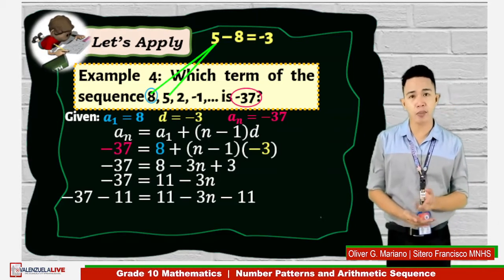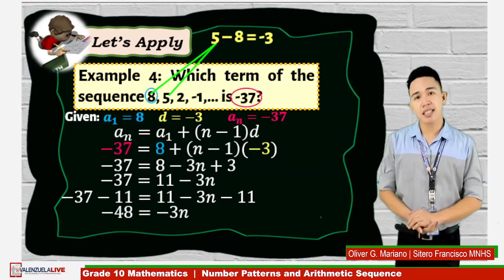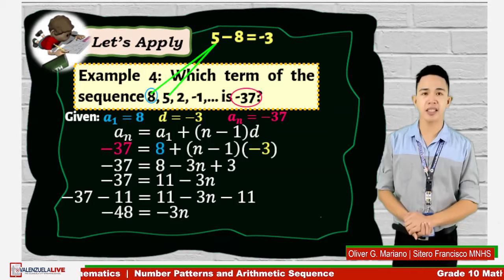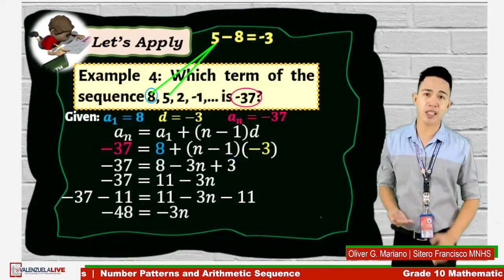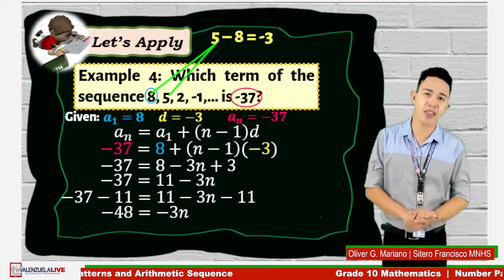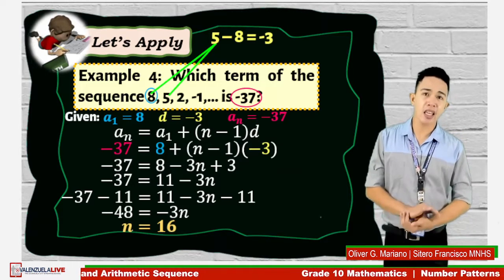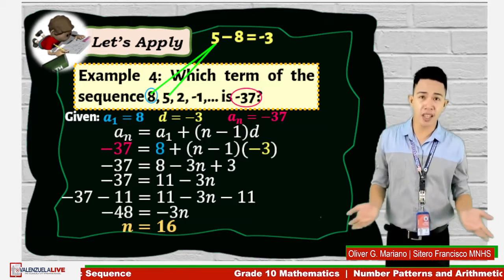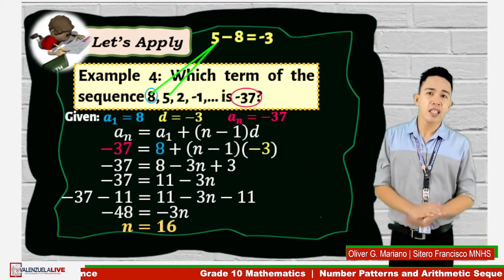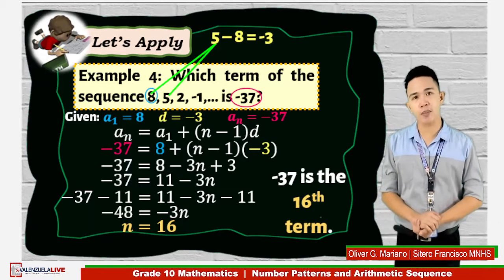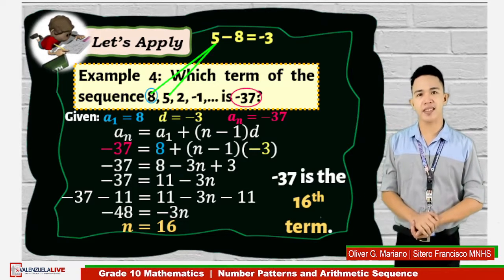Subtracting, we obtain negative 48 is equal to negative 3n. Dividing both sides of the equation by negative 3 shows that n is equal to 16. This tells us that negative 37 is the 16th term of the given sequence.